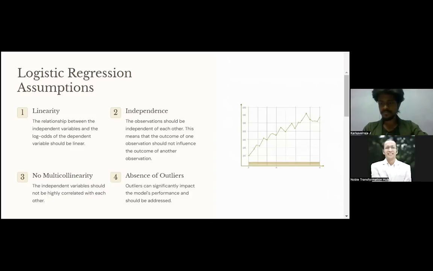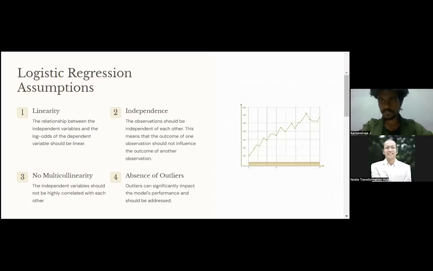See, guys, in linear and multiple linear regression, it is the independent variable and the dependent variable. Here, something else is added: the log odds of the dependent variable should be linear. This is the difference with logistic regression when you understand the assumption of linearity.